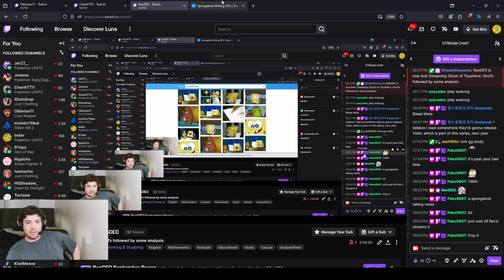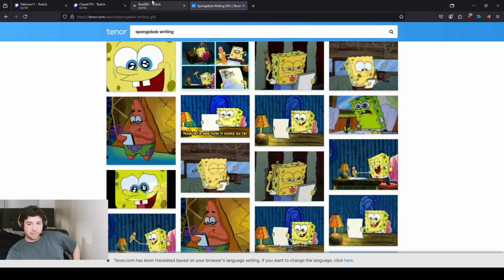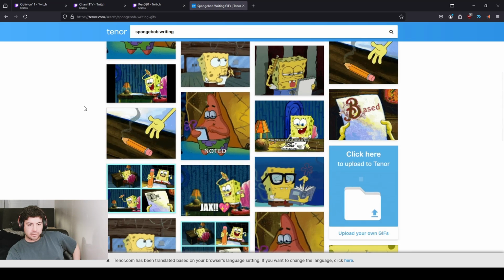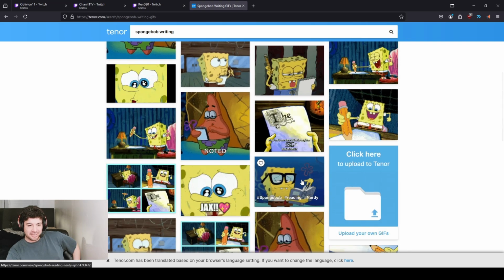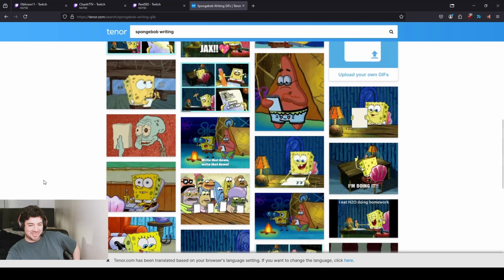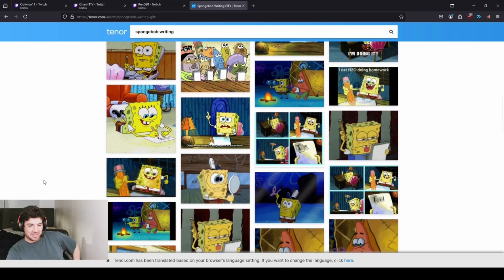Wait, what am I doing here? Oh, this is also good actually. God, SpongeBob has so many good scenes that can be used as emojis.